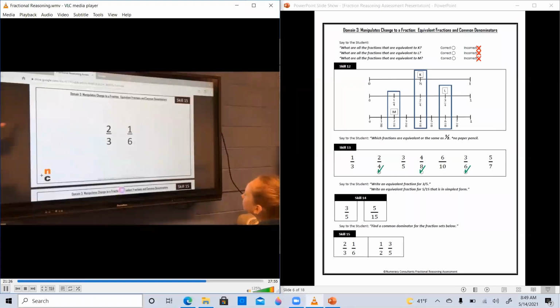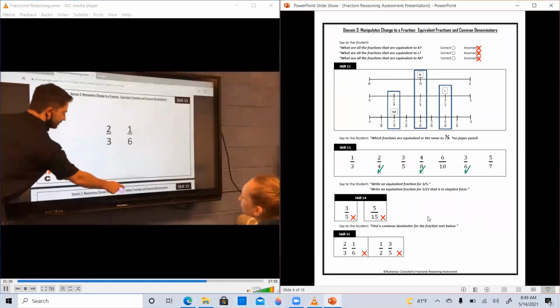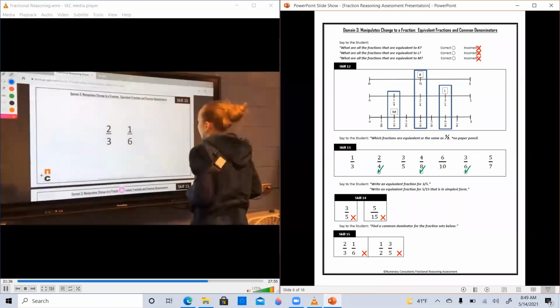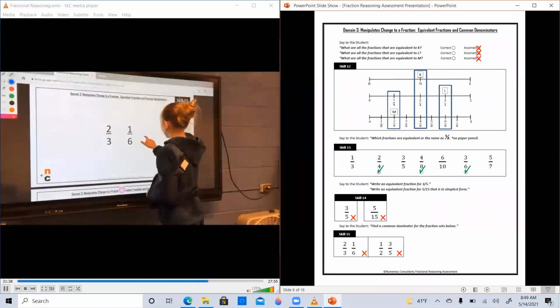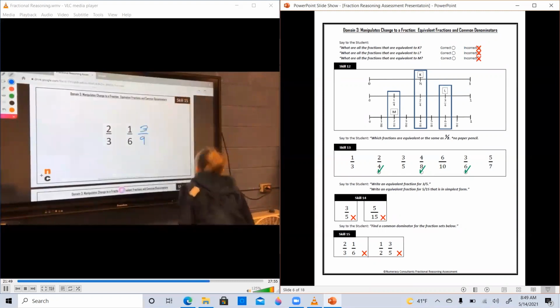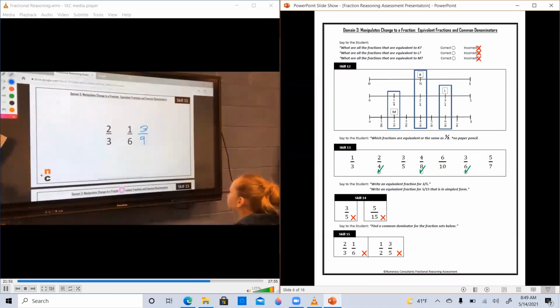Find a common denominator for the set right there. Find a common denominator for that set. So that's the common denominator for those two? Okay.